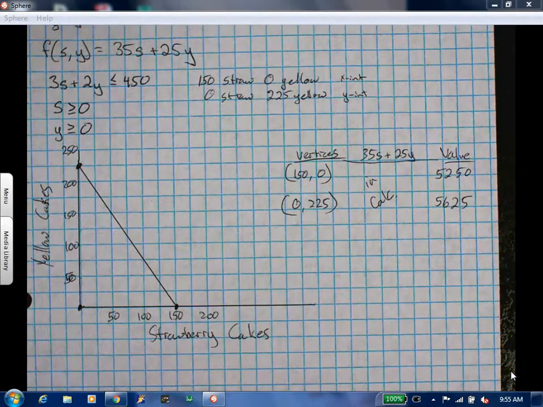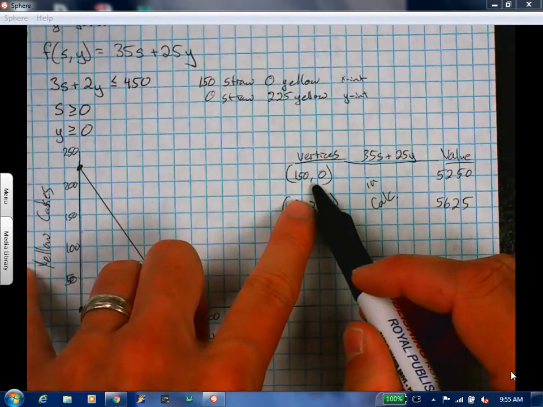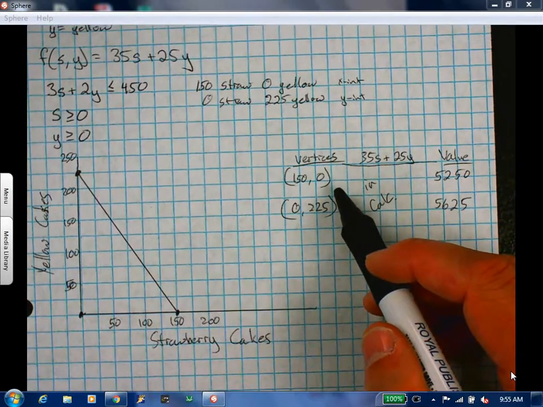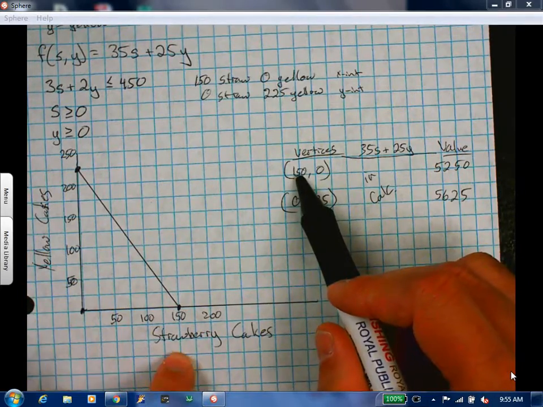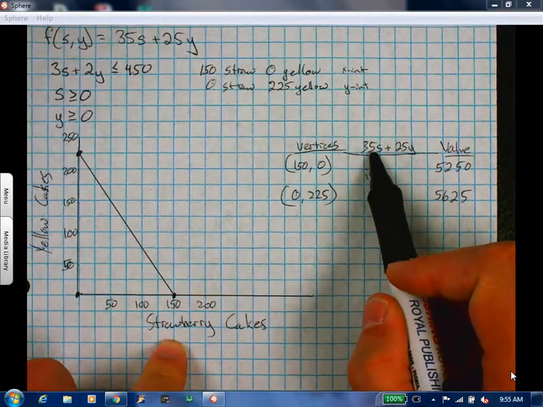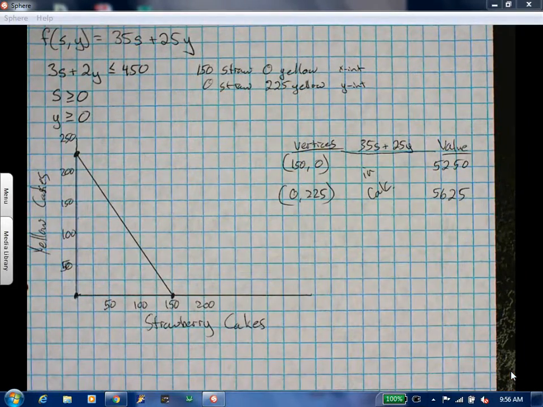So 150 is my strawberry cake, so it has to go in the S, the strawberry cake one. And then you took the strawberry cake times the cost for lemon. I think you just split those two. And 0, 0, if you put that in there, that's going to be 0, right?